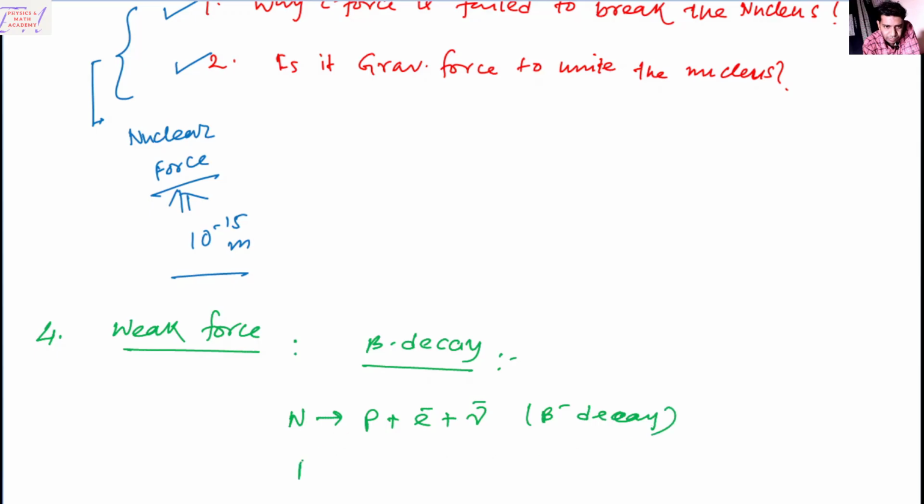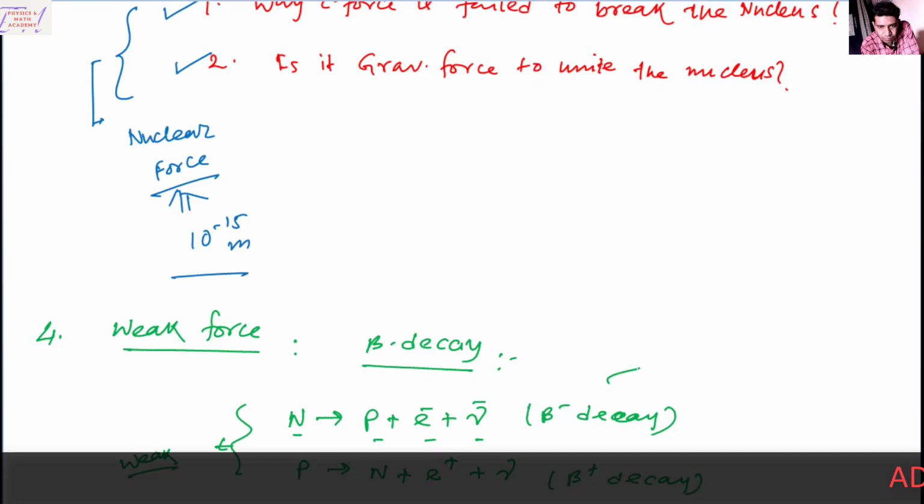And in beta plus decay, the proton converts to a neutron with the help of a positron and neutrino. This is beta plus decay. The force acting here is a weak force, very weak. So don't consider that a neutron consists of a proton, electron and antineutrino. Never consider that. It is a conversion. I'll discuss all these things in detail when the particle physics chapter comes.